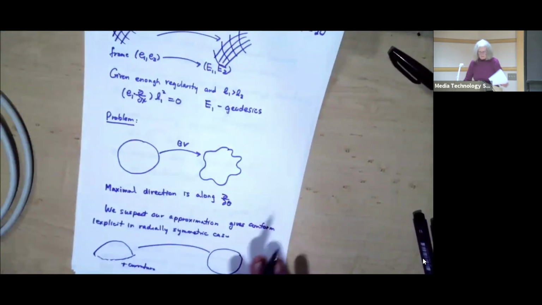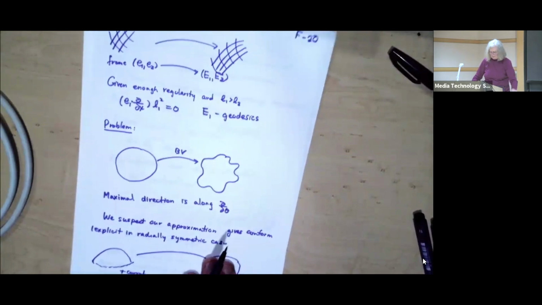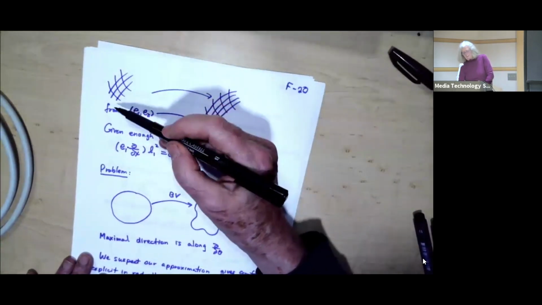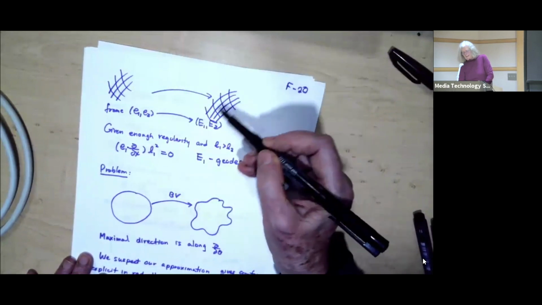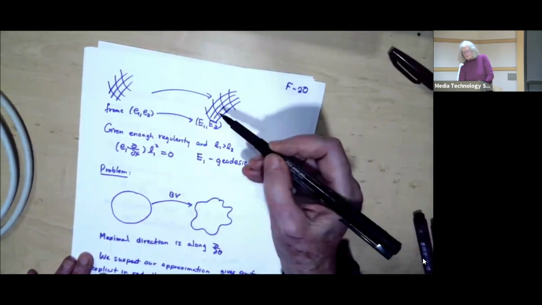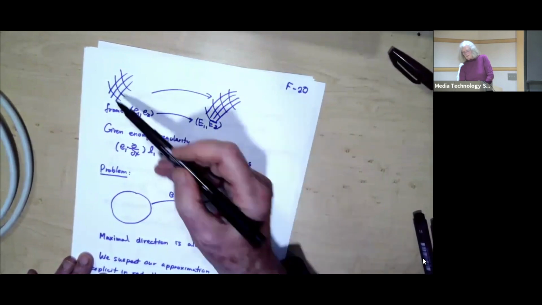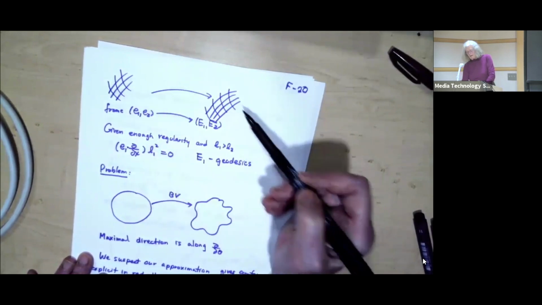The picture is that basically you have a frame that you get from diagonalizing du here, and you're mapping the frame here to the frame here and here.